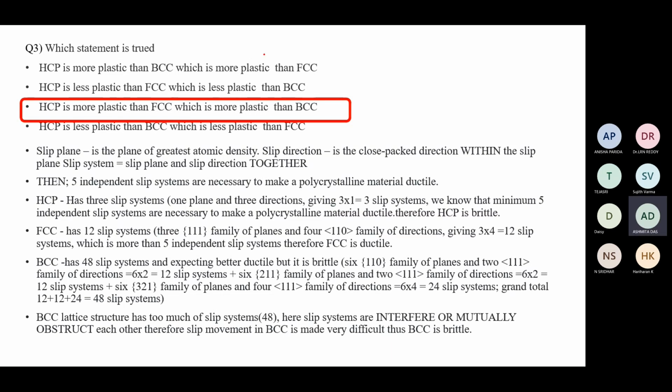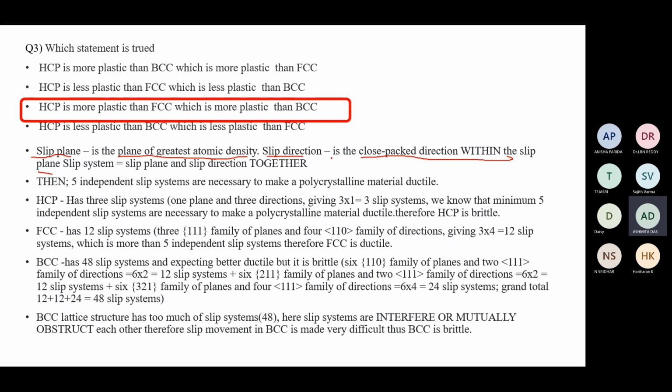There are three concepts. The first one is the slip plane. The slip plane is the plane which has the greatest atomic density in a unit cell. The slip direction is the close-packed direction within the slip plane.